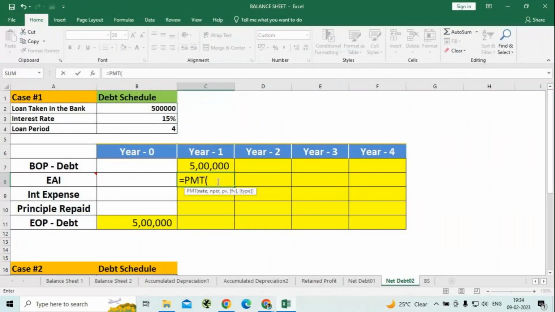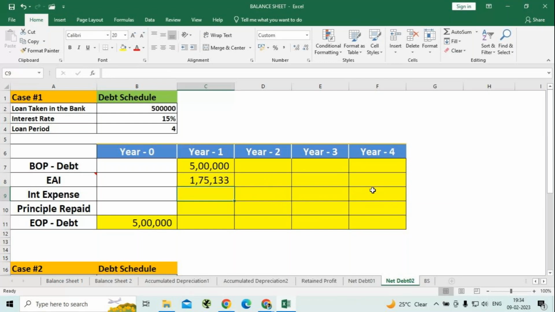Hope everyone is able to hear me. The rate of interest is 15%, comma, the number of periods, the loan period, is 4 years, comma, present value. As you all know, we give it as a negative value, minus 5 lakhs, comma, future value is 0, comma, and since we calculate for the end of the period, we give 0 and close the bracket.